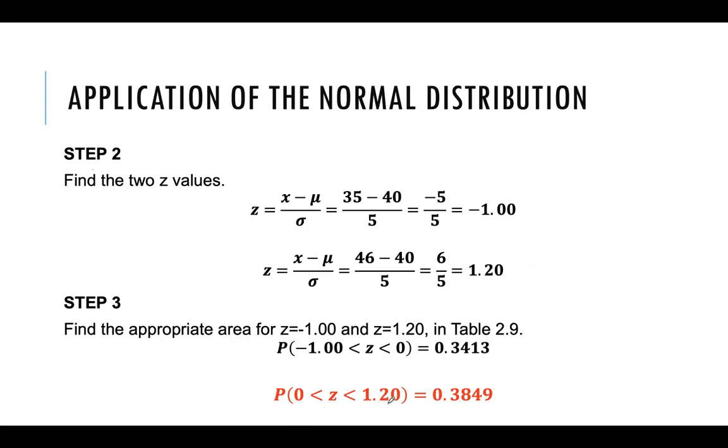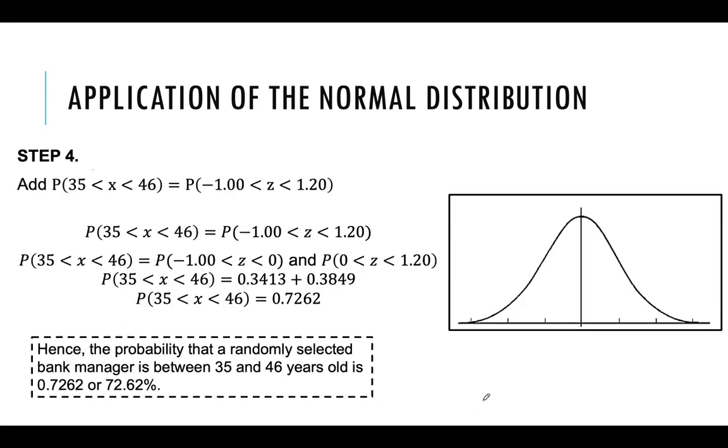And the probability area between the Z value of 0 and 1.20 is 0.3849. Okay? So we have to add, class, because it is a range. We need to determine the range between 35 and 46.